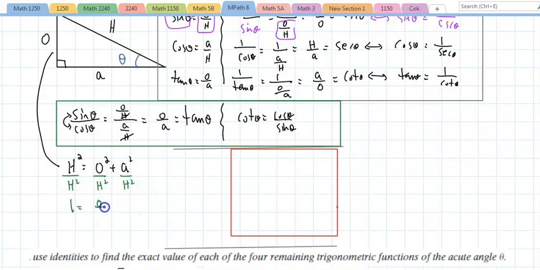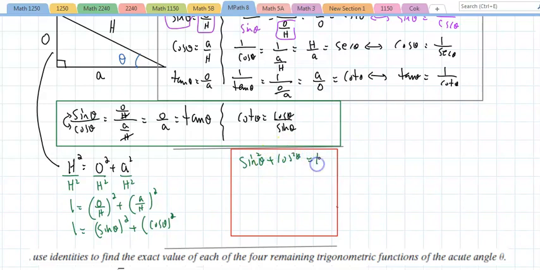Using algebra, I could reverse the distributive of power, and 1 will equal sine, the opposite over the hypotenuse, squared plus cosine, the adjacent over the hypotenuse, squared. This is my first Pythagorean identity: sine squared of theta plus cosine squared of theta equals 1.